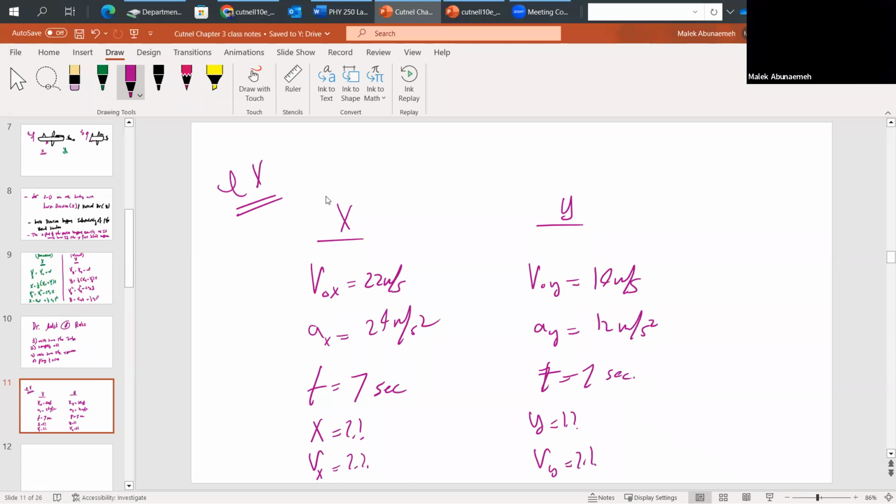That's for part A. For part B, we are also looking for the final velocity of the spacecraft at 7 seconds. So we're looking basically for the final overall velocity, which is your overall V. All right. Well, let's start with the first one.